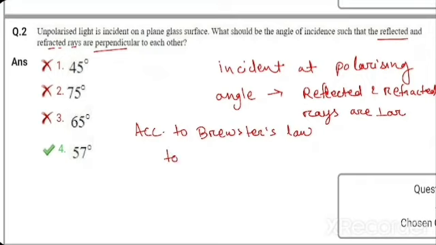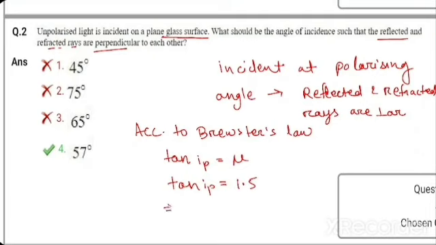tan of the polarizing angle is equal to mu, that is the refractive index. Here light is incident on a plain glass surface, so tan i_p, the polarizing angle, is equal to the refractive index of glass, that is 1.5.